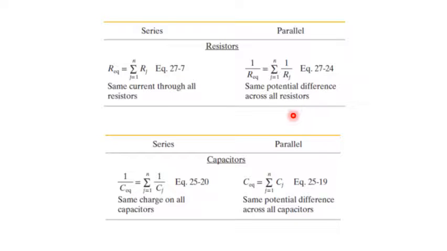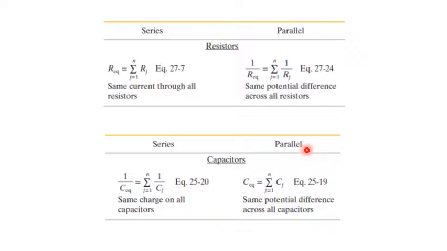If we remember, for the case of capacitors, it is the opposite. If we are talking about series capacitors, 1 over C equivalent equals the summation of 1 over C, and in this case, the charge on all capacitors is the same.